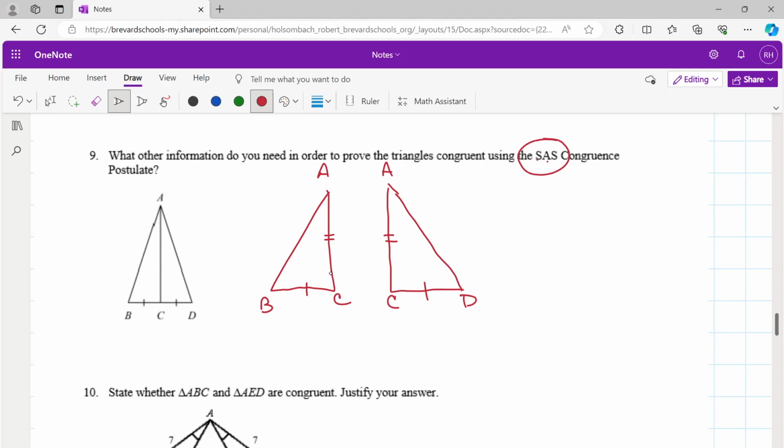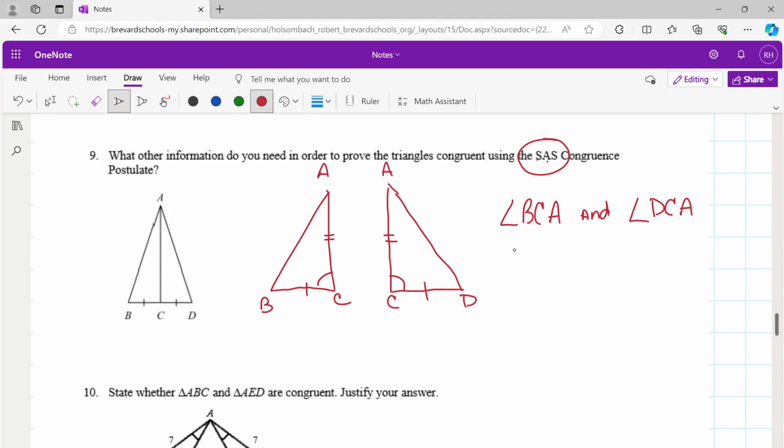So don't we need this angle right here? We need angle BCA and angle DCA. We need that angle measure. Agreed?